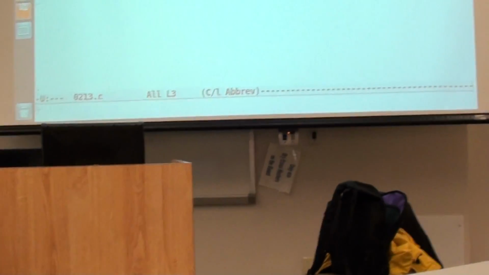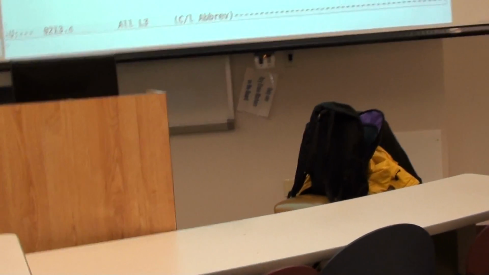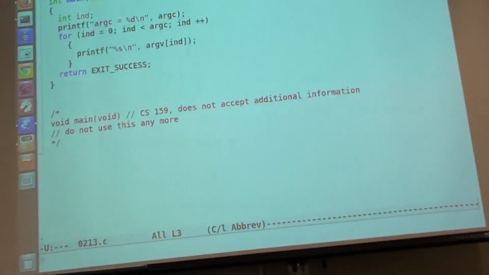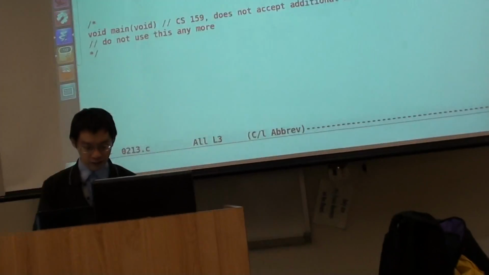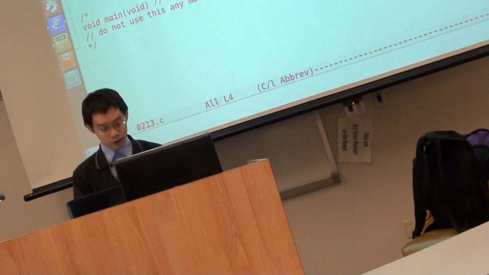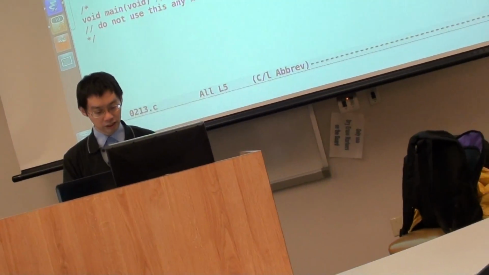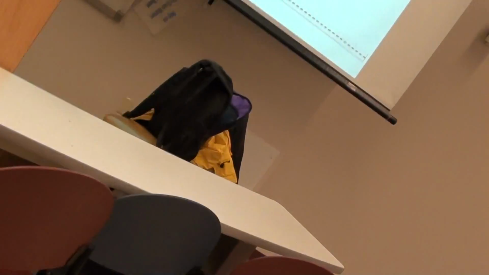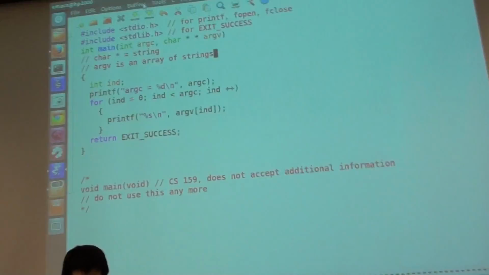The first argument is an integer. The second argument is an array of strings. We have seen char star a few times. Char star means string. So this means argv is an array of strings.